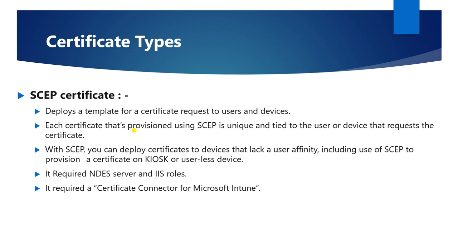So what we do, we create a certificate from the NDES server and deploy it through Intune. After deploying this, when the client has the SCEP certificate, then by using that certificate, that user can get authenticated in your own on-prem infra. So that is the whole idea about deploying this SCEP certificate.